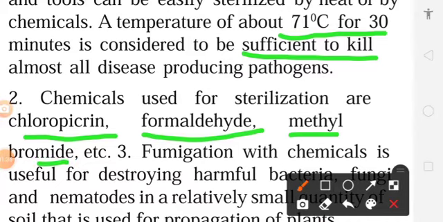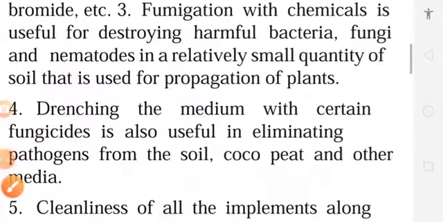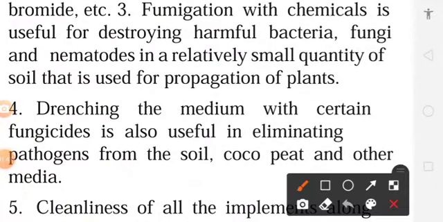Again, thirdly, we can use the fumigation method. Fumigation means that fumes are made, and for this fumigation purpose we can use different chemicals, and these chemicals will kill the bacteria, fungi, nematodes, and other such insects.